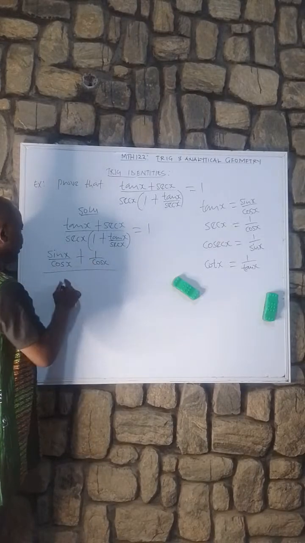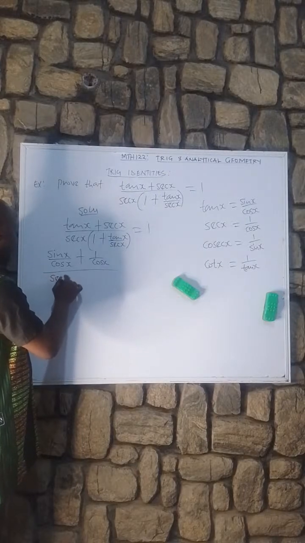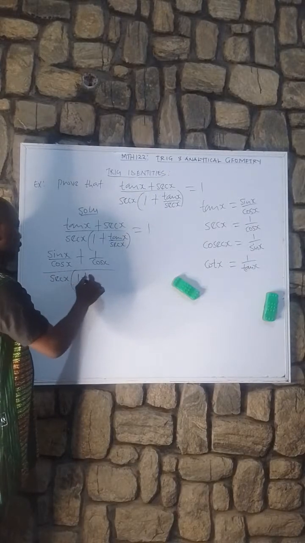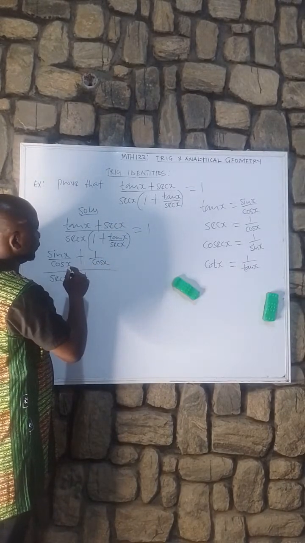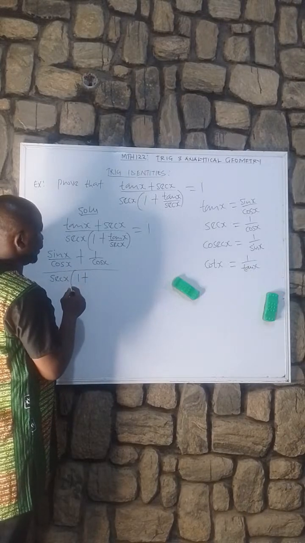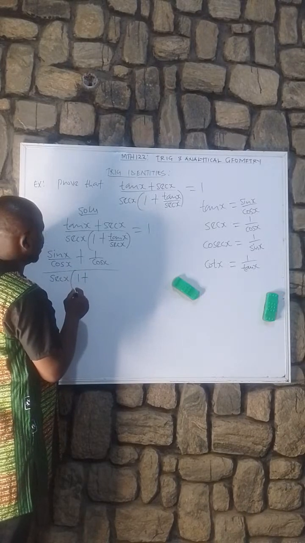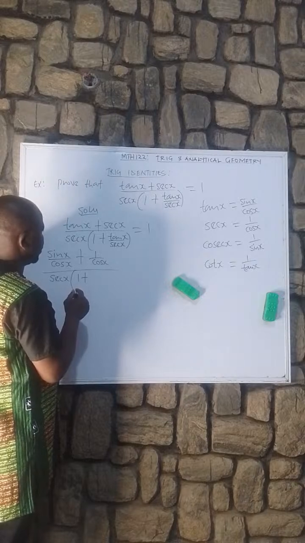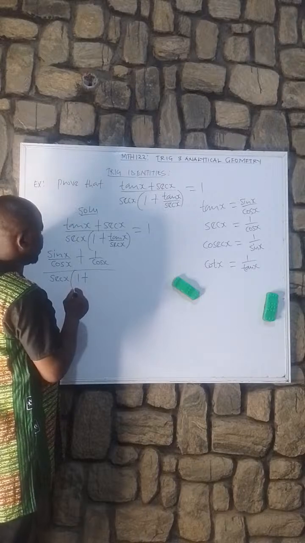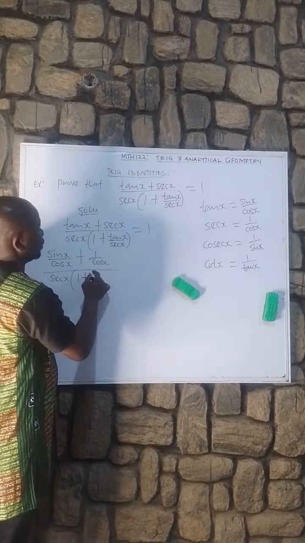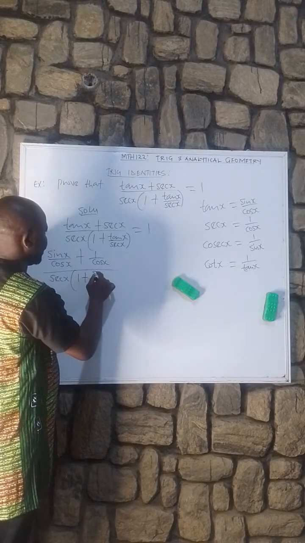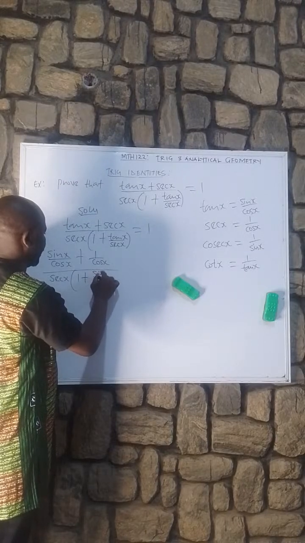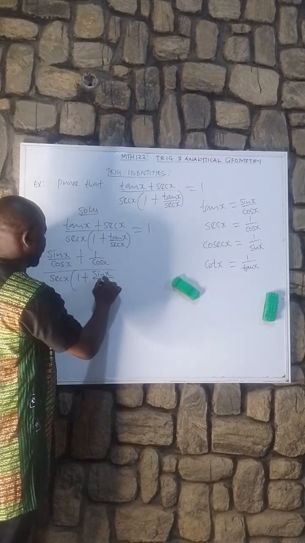Then all over sec x, open bracket, 1 plus tan x, which is sin x all over cos x.